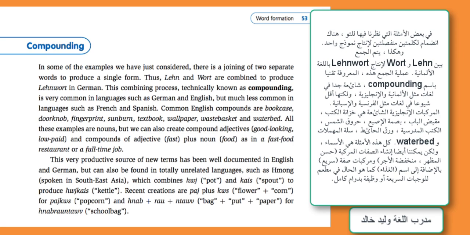But we can also find totally unrelated languages that have the same commonality here, like Hmong, spoken in Southeast Asia, which combines huij, I think this is how they say it, which means pot, and case, which is spout, to produce huij case, which means kettle. Recent creations also of these languages have this sort of expressions, but we do not need to learn them. We just need to focus on the examples from English.